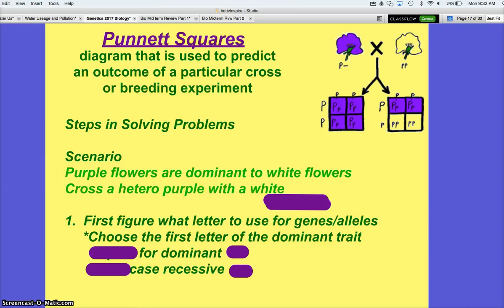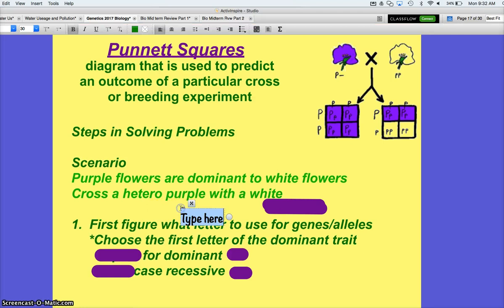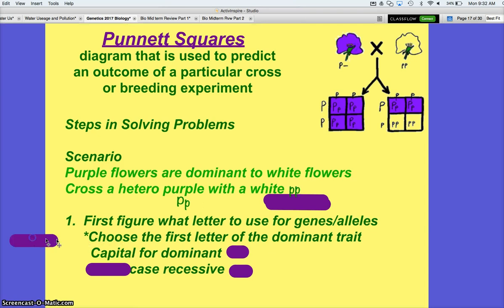Capital P, little p. So let's put it right here. What's the genotype for white? Lowercase p, lowercase p. Put it next to that, okay? We're always going to choose the capital letter for the dominant trait, and that shows the dominant trait, and the lowercase letter will show the recessive trait.